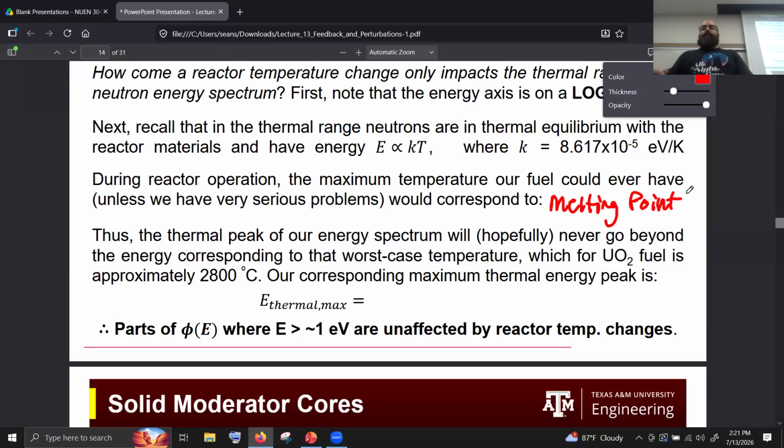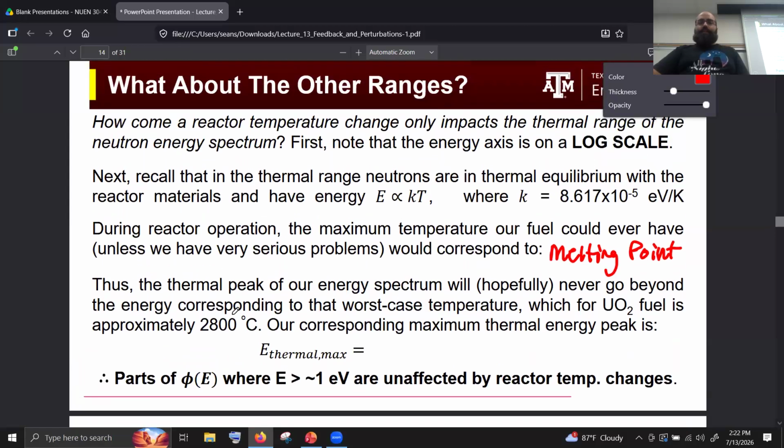And so if that peak of the Maxwellian is at the average temperature of my reactor, then the highest that average temperature could ever be, until the reactor is basically a big old pile of corium, at least for UO2, is about 2800 Celsius. So if I take this 2800 Celsius and convert it to Kelvin, and then do K times that temperature in Kelvin, that's going to give me the maximum energy of the thermal part of my spectrum.